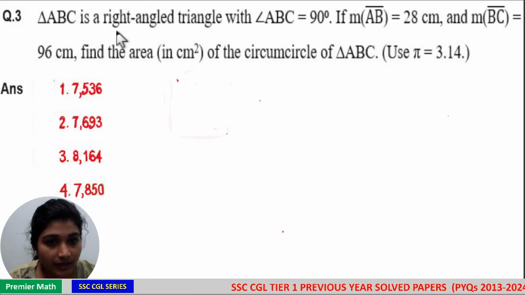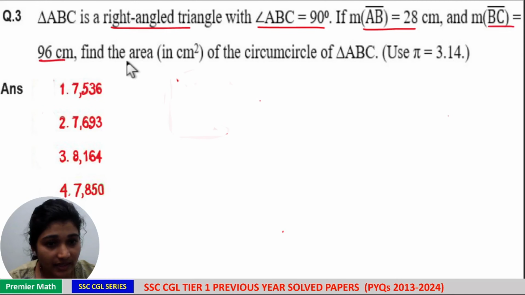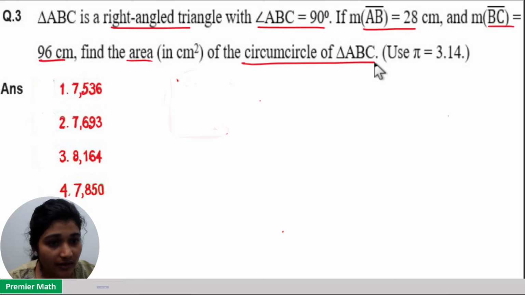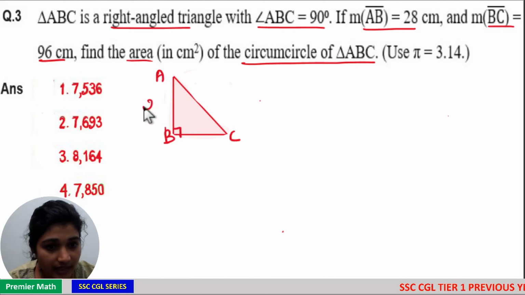Triangle ABC is a right angle triangle with angle ABC 90 degrees. If AB is 28 and BC is 96, find the area of the circumcircle of triangle ABC. Here, this is triangle ABC, right angle at B, and AB is 28 and BC is 96.